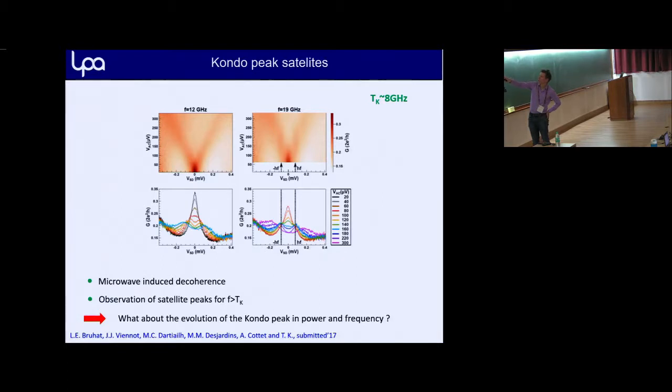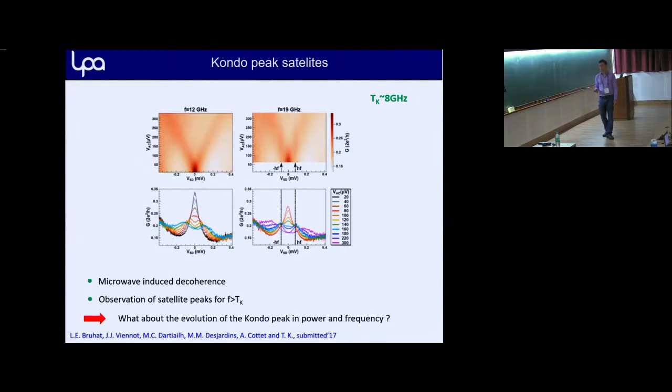Of course, the central peak decreases, but you have 2 satellite peaks exactly at the frequency of the microwaves. That's okay. That's not new. It was already observed, but it is good to see this in a different system. And so we again observe satellite peaks for a frequency which is reasonably larger than the Kondo temperature.